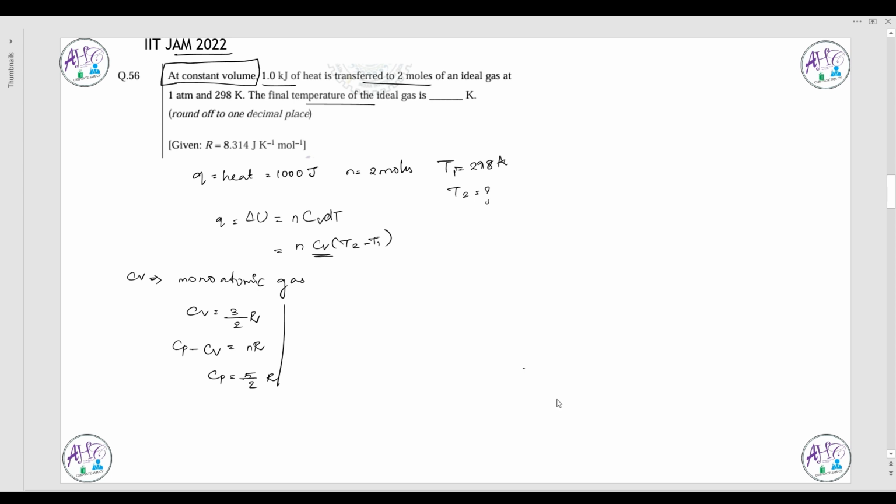So we know that CV for an ideal monatomic gas is going to be 3 by 2 R.